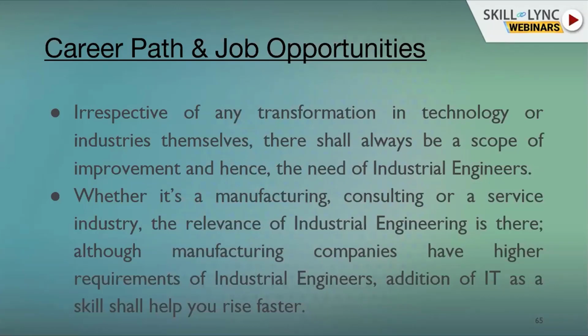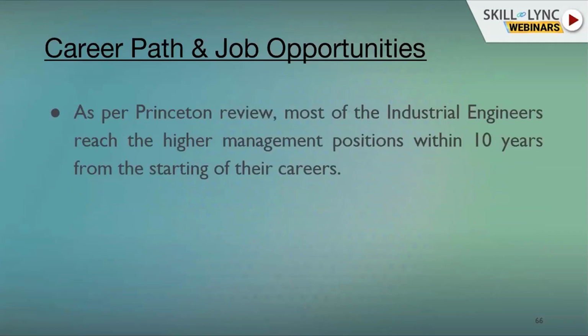We are the gold. We are the diamonds, in fact. Every manufacturing company has a high requirement for industrial engineering. This is true. But consulting companies also require industrial engineers to develop systems for the service industries. That's how you have opportunities in both manufacturing as well as the service industry.